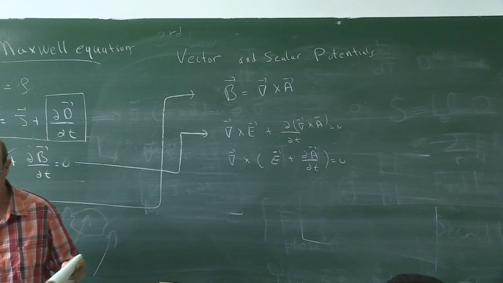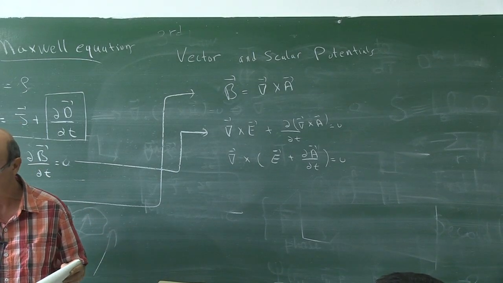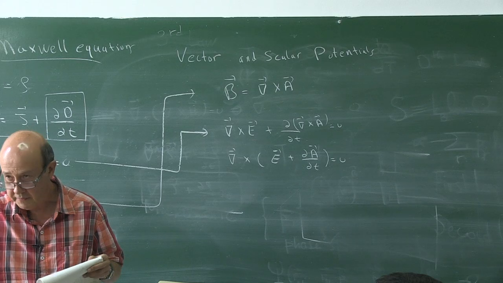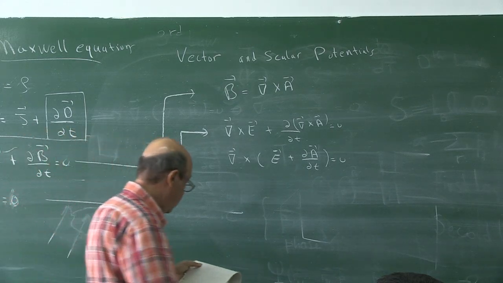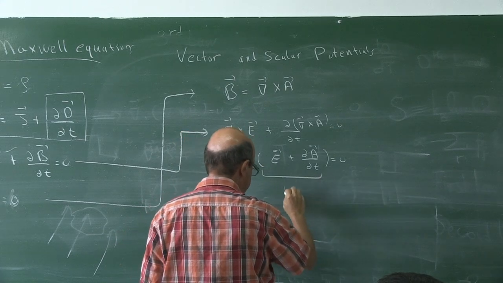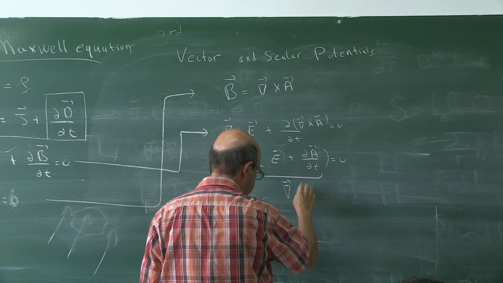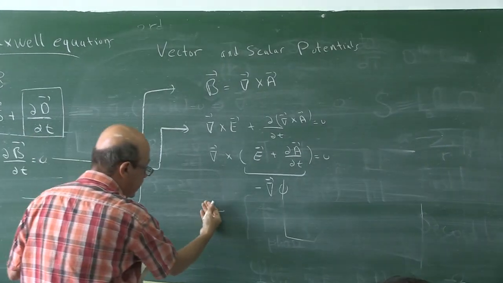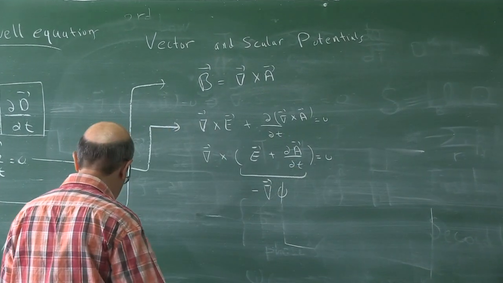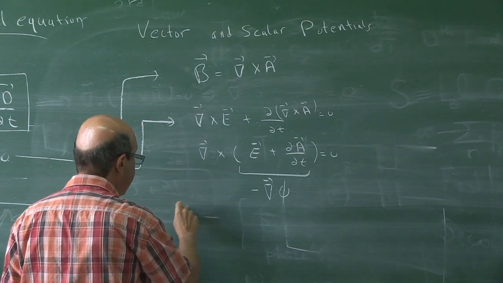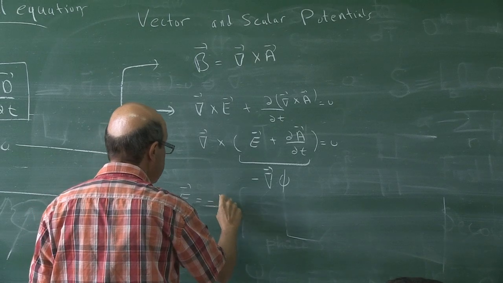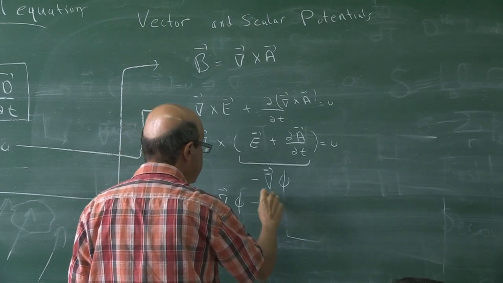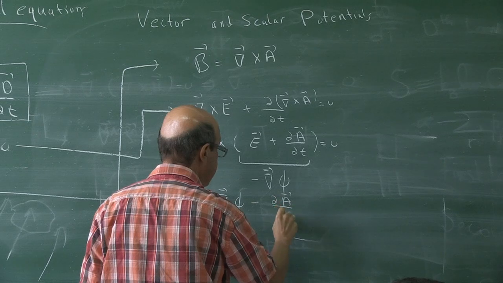You can satisfy it if this function is the gradient of some scalar function. Let me put a minus sign. Then your electric field can be written as minus gradient of the scalar function minus del A over del t.